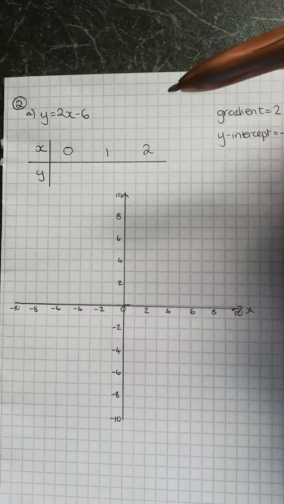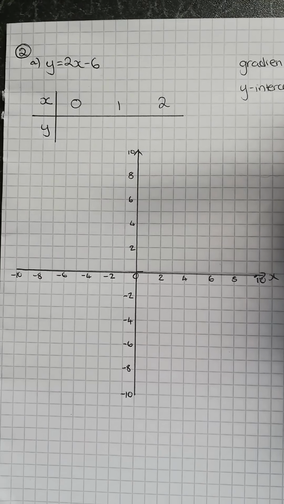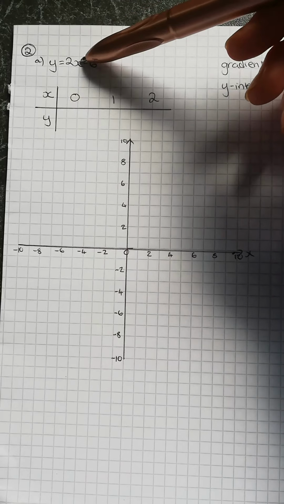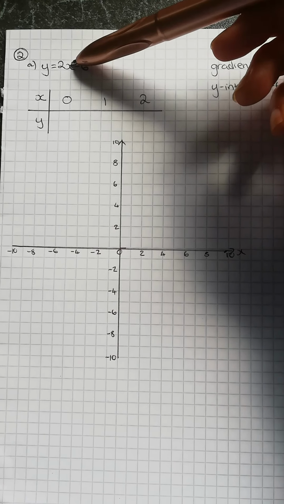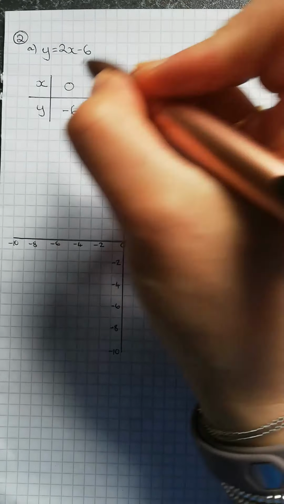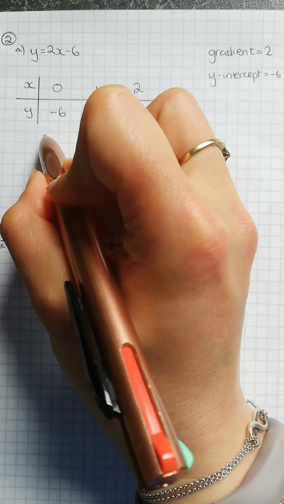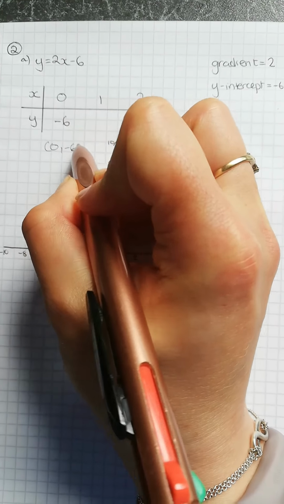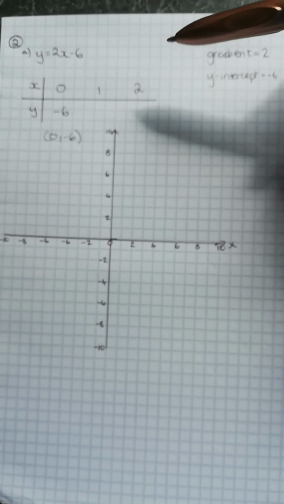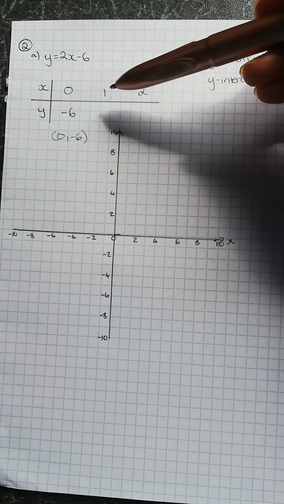We've got 3 different values of x here, and we're going to use them to draw the straight line. Now, when x is 0, we've got 2 times 0, which is just 0. Take away 6, so we would get y is minus 6. Now remember, that becomes the coordinate 0, minus 6. Okay, x coordinate of 0, y coordinate of minus 6. We think about the same thing when x is 1.